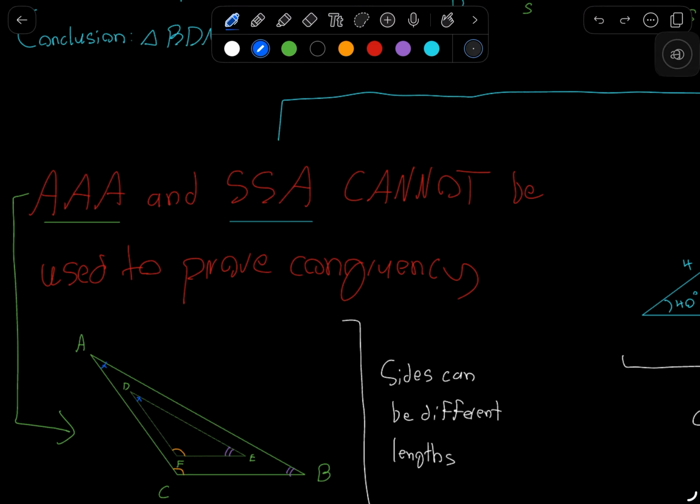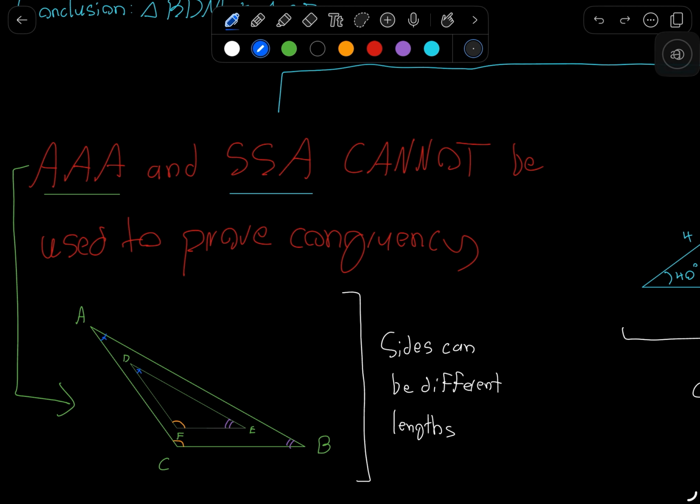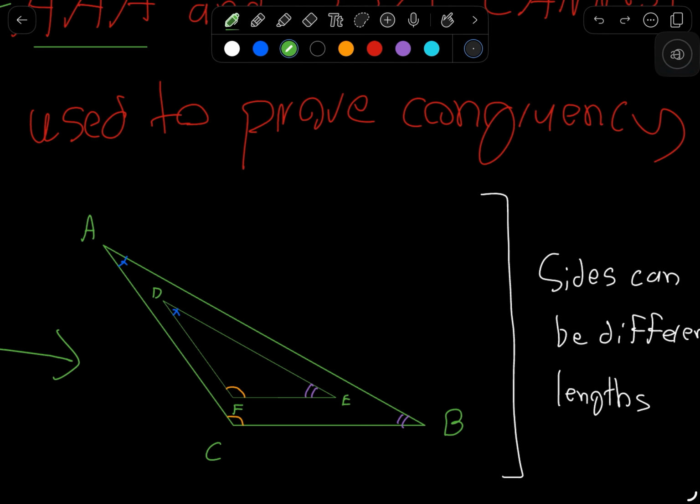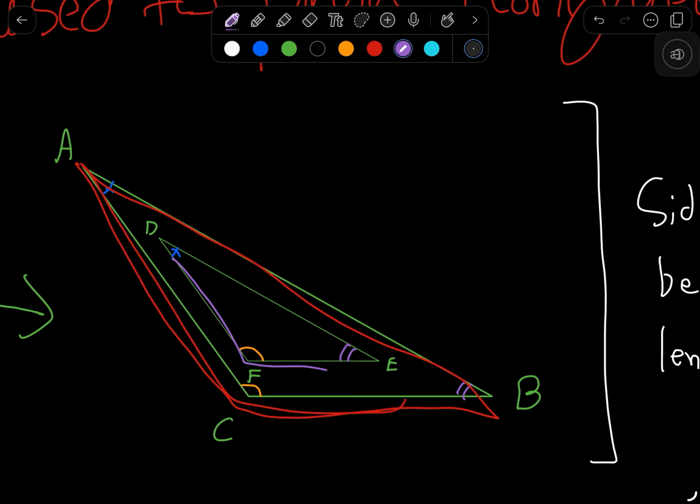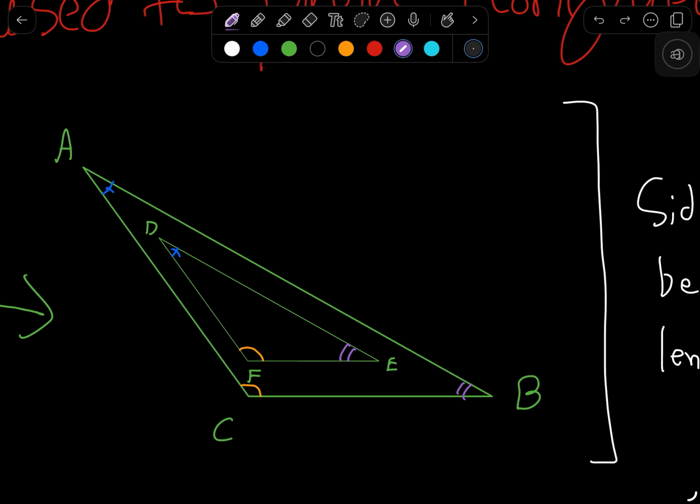So the first one is angle, angle, angle, right? You can't prove two triangles congruent to each other solely based off the fact that all the angles are congruent, because you will get a case like this, where you have this outside triangle here, and you have this inside triangle. What you'll notice is all the angles are congruent to each other.